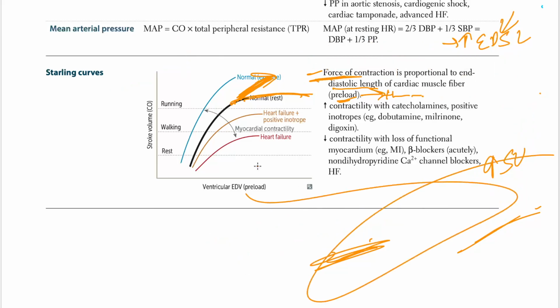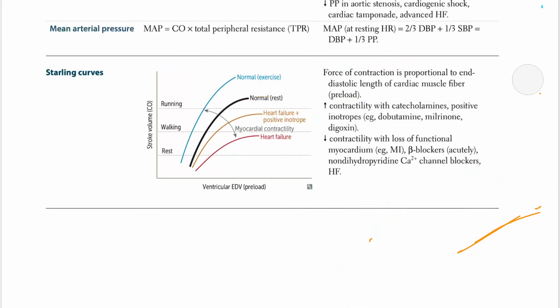So now let's look at the factors affecting it. Increase in contractility comes with catecholamines and positive inotropes like dobutamine, milrinone, and digoxin. Decrease in contractility comes with loss of functional myocardium, for example MI, acute beta blockers, non-dihydropyridine calcium channel blockers, or even heart failure.